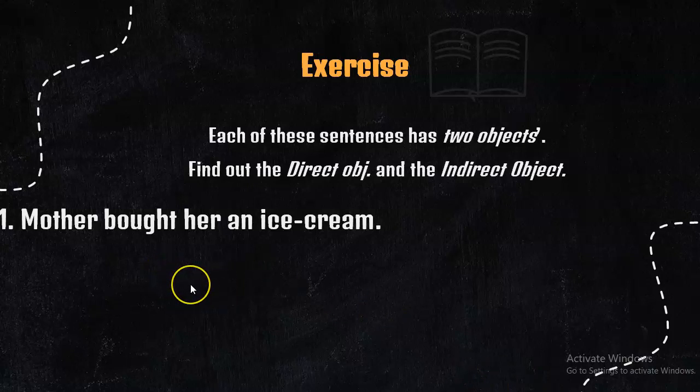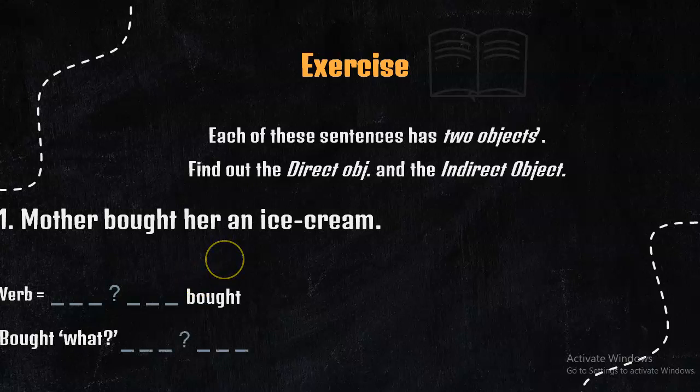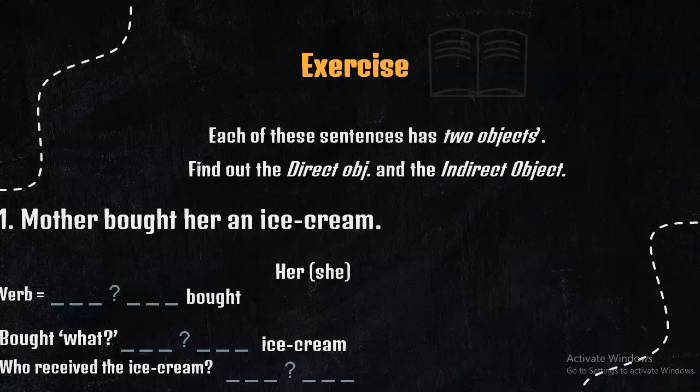Mother bought her an ice cream. So, which is the verb? Bought, right? Next step, bought what? The ice cream. Okay, and who received the ice cream?